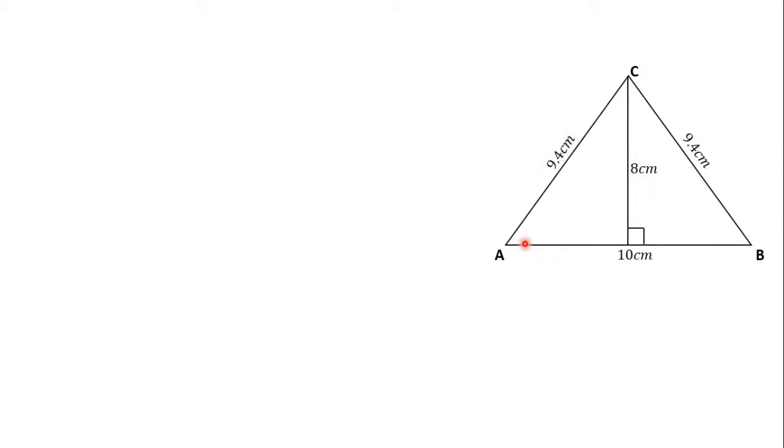Okay, so now we have the base, which is AB, as 10 centimeters. We have the sides as 9.4 centimeters. So the side AC is 9.4 centimeters, and the side BC is also 9.4 centimeters. The perimeter of this triangle is the total distance around the triangle. So here we are not going to include the height.